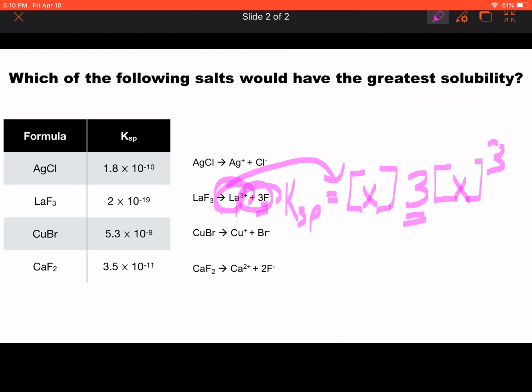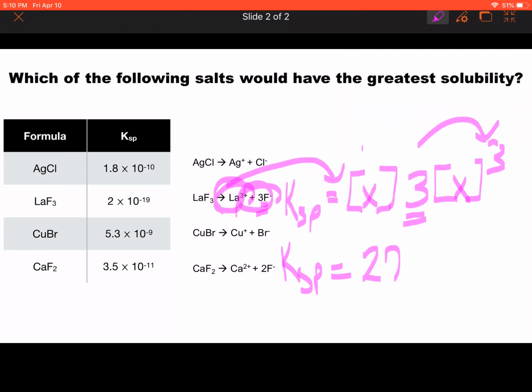So we have to have that 3 there as the coefficient. But we also have to include that coefficient in our exponent. And so our KSP is equal to X times 3X cubed. Now to simplify this, KSP is equal to, we cube the 3, so that's going to be 27.